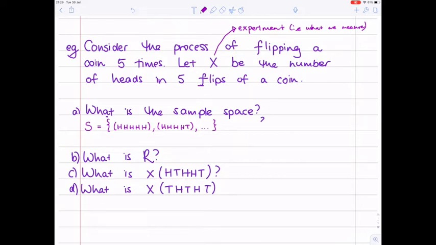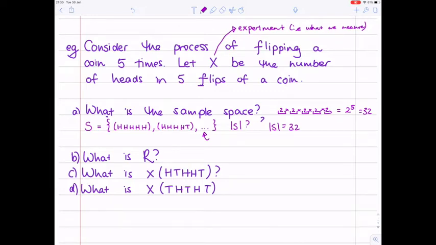If we want to think about the size of S, well, we have 5 flips, each of which has 2 possibilities. So by what we've learned previously, we know that the size of this must be 2 to the 5. So actually there should be 30 more things in here other than the 2 that we've written already. So we know that the size of S is 32.